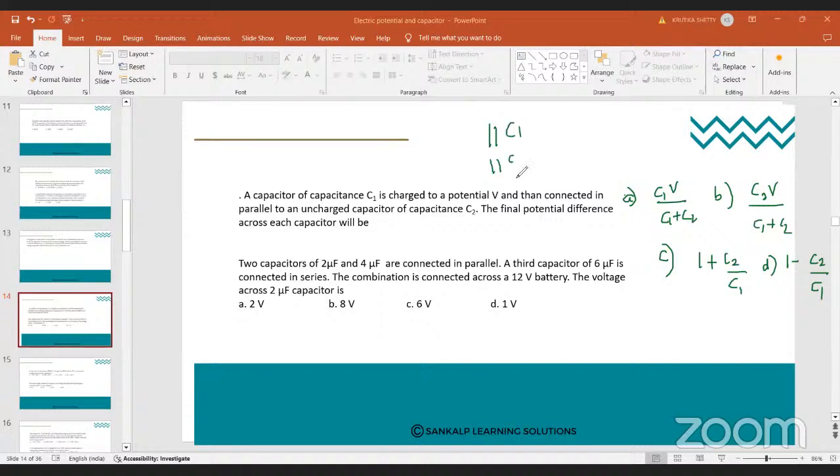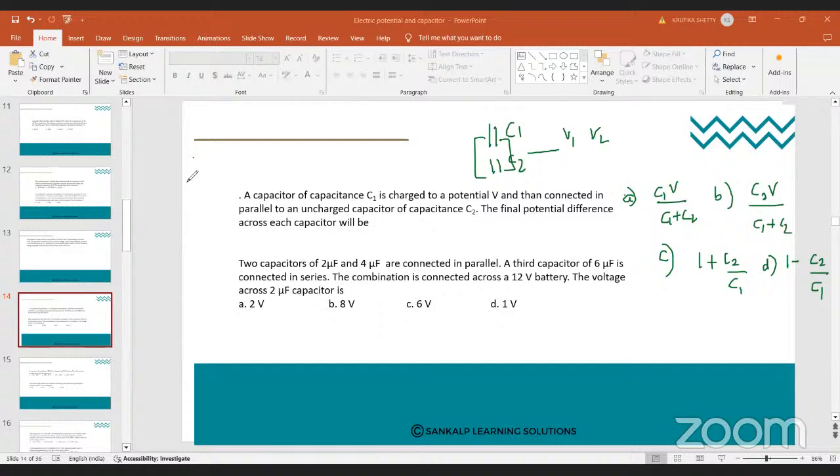This is C1 and this is C2. What is the final potential difference across each capacitor? Okay, so here a direct formula is there that you can take now.